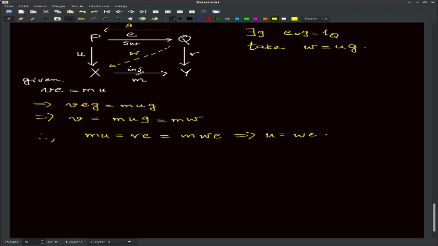So, with this choice of W, you have V is equal to MW and U is equal to WE.